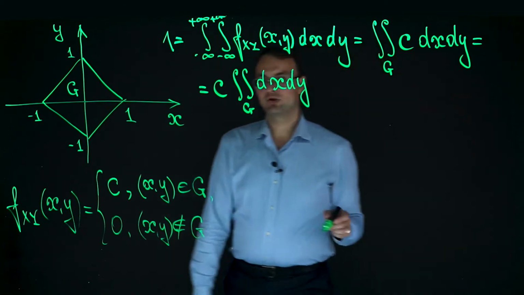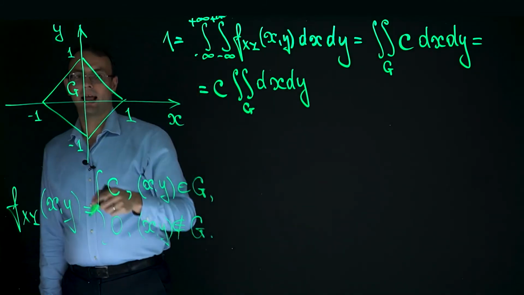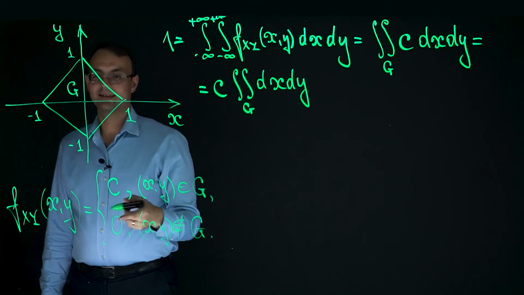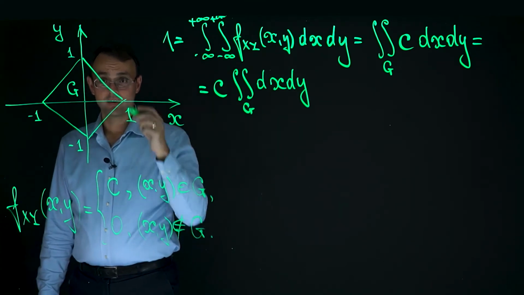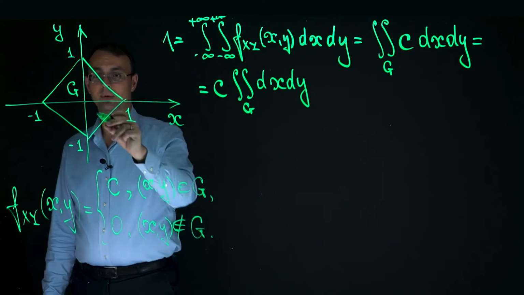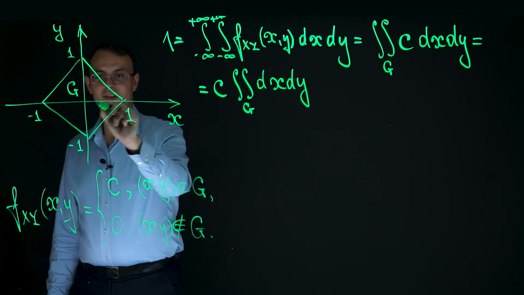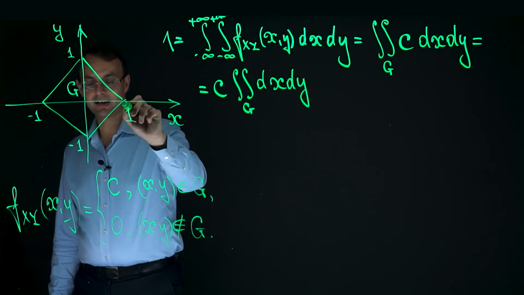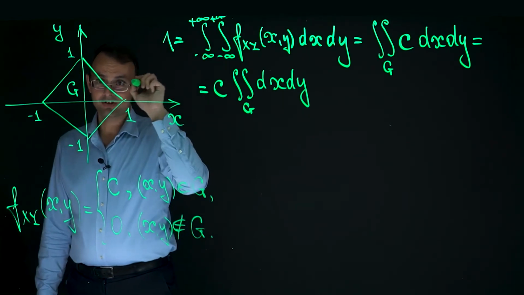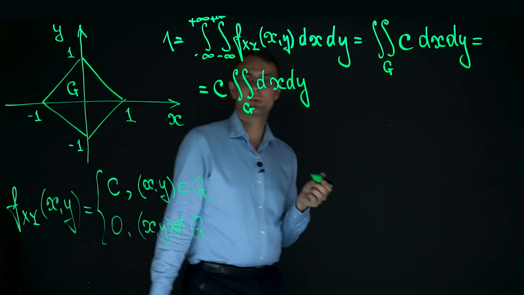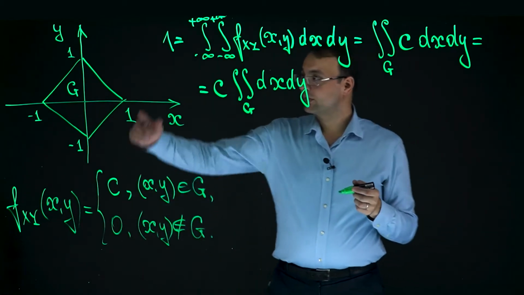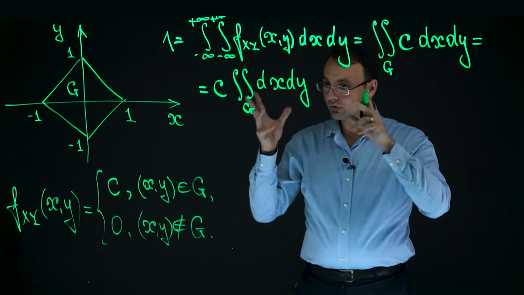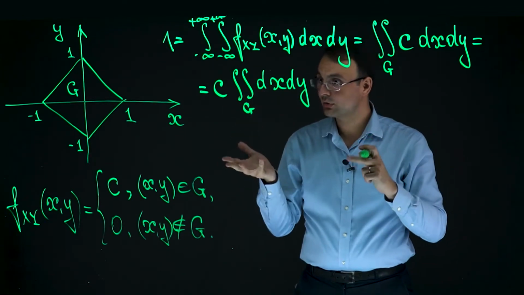So G is a square, and each side of this square has length square root of 2. As this is 1 and this is also 1, this side is the square root of 1 squared plus 1 squared, so square root of 2. And so the area of the whole square is square root of 2 squared, that is 2.